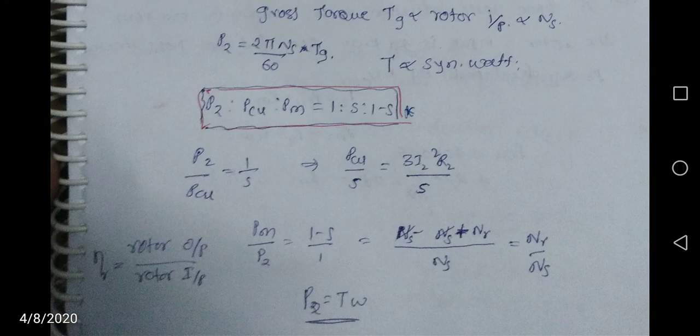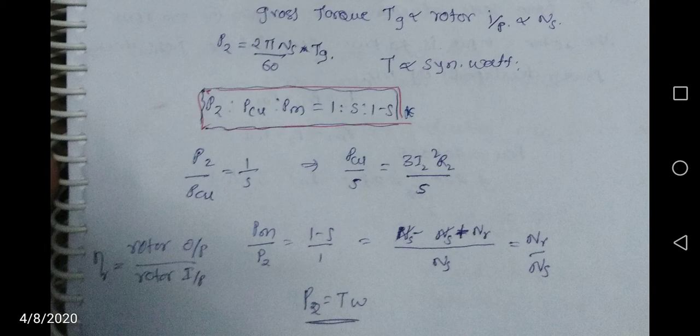So substitute the S value in the equation PM by P2 equal to 1 minus S. In place of S there is NS minus NR by NS. The denominator is NS, so NS and NS are cancelled. So PM by P2 equal to NR by NS.